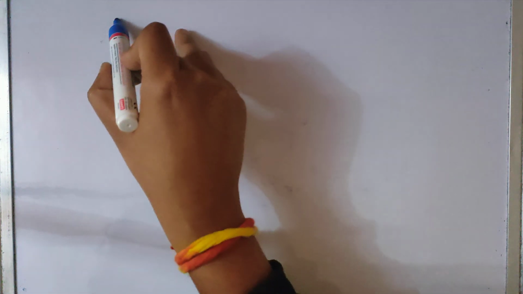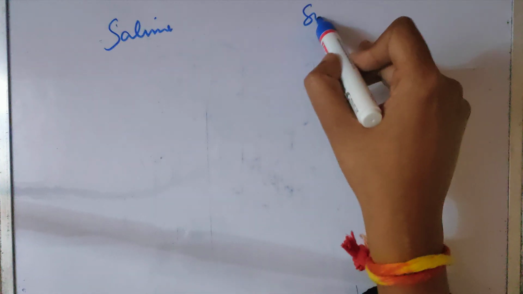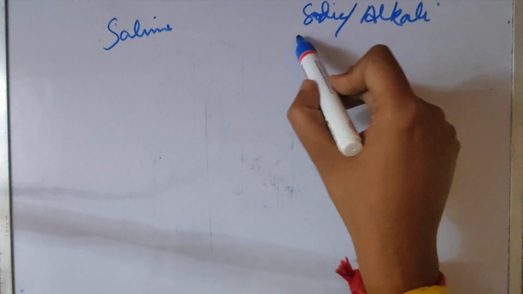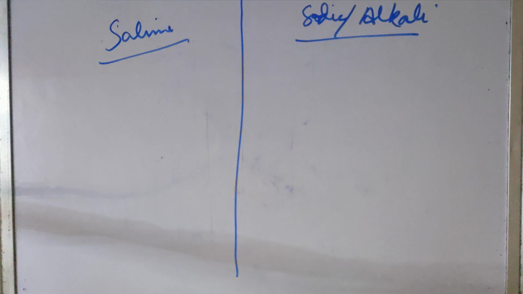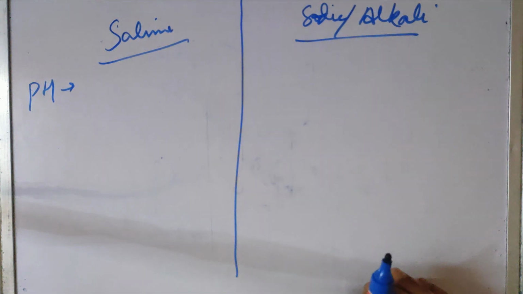So moving on, what are saline and what are sodic soils? Saline soils and sodic or alkali soils. We will understand it through differentiation. The first is pH.